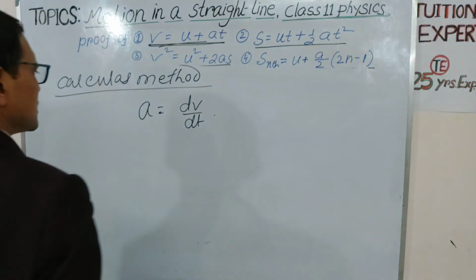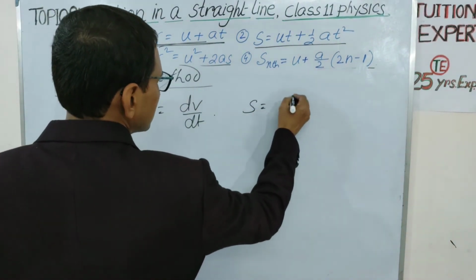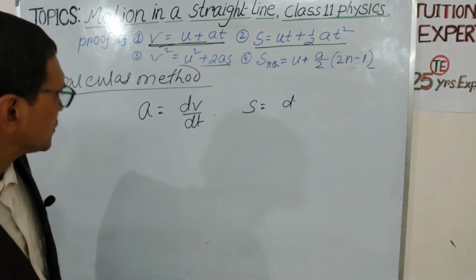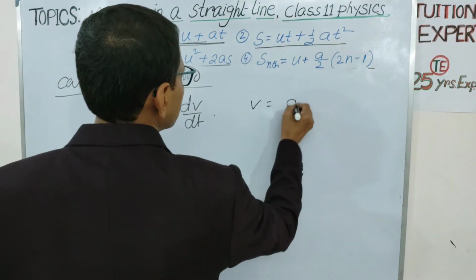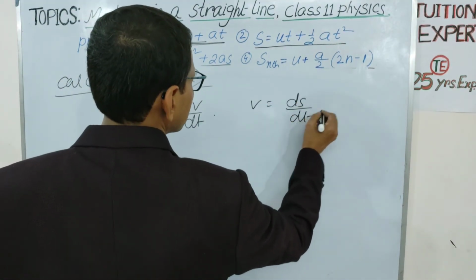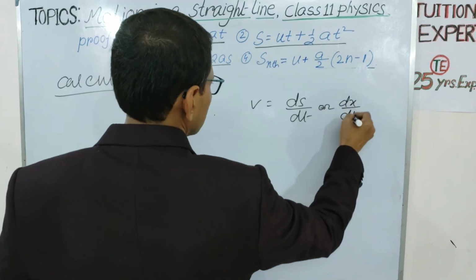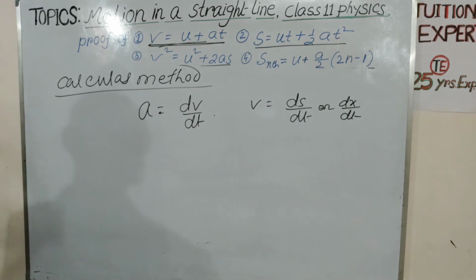Acceleration equals dv by dt, and velocity equals ds by dt or dx by dt. Here s and x both denote distance travelled.